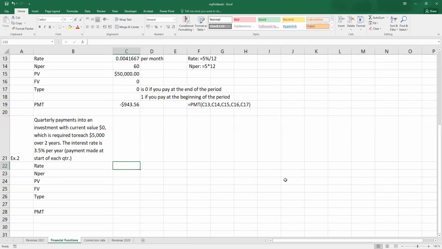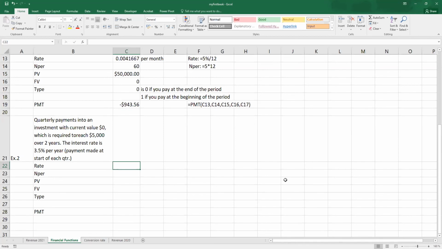You may have to split the time into two slots. The first slot is the first year, when the bank charges you 3.5%; you calculate the payment for the first year first. After that, for the second year you calculate again, with the interest rate changed to 3.75%. This is how to apply the function when the interest rate fluctuates.